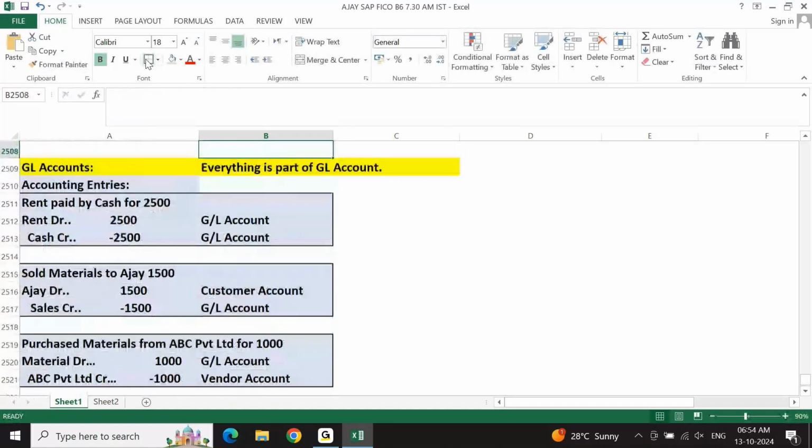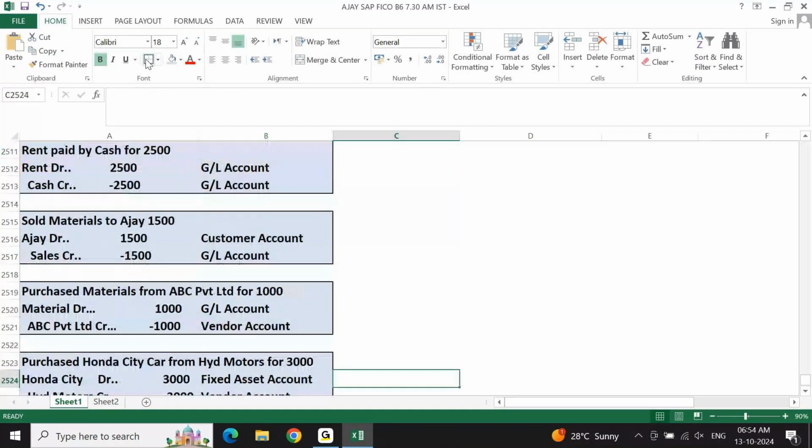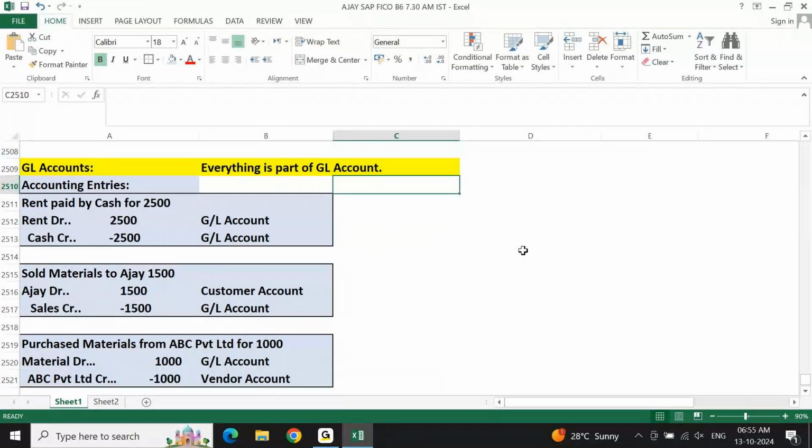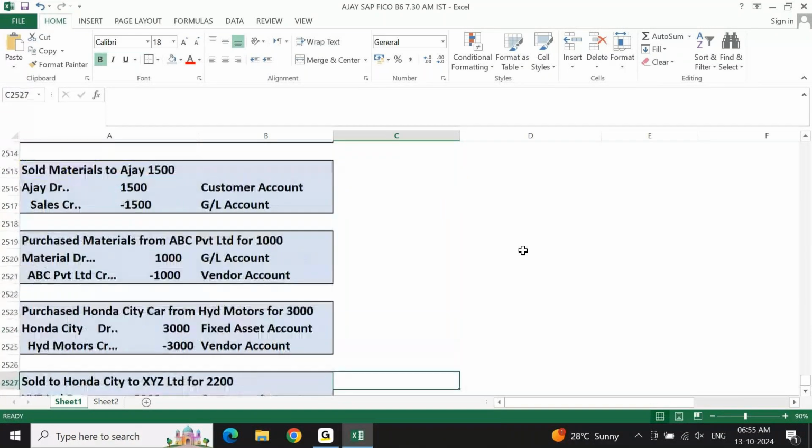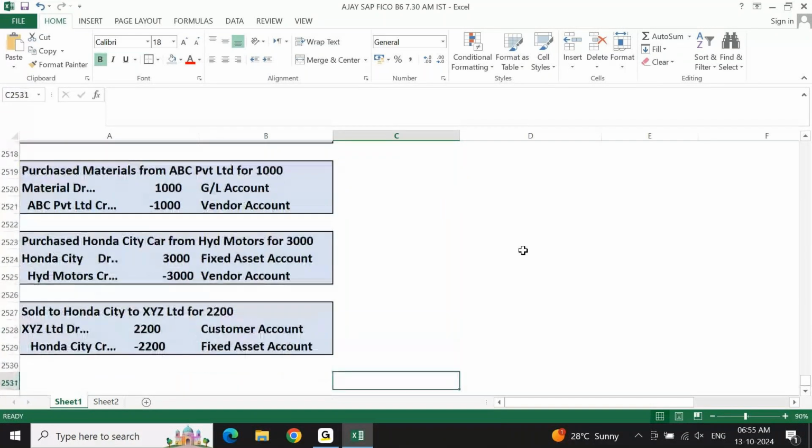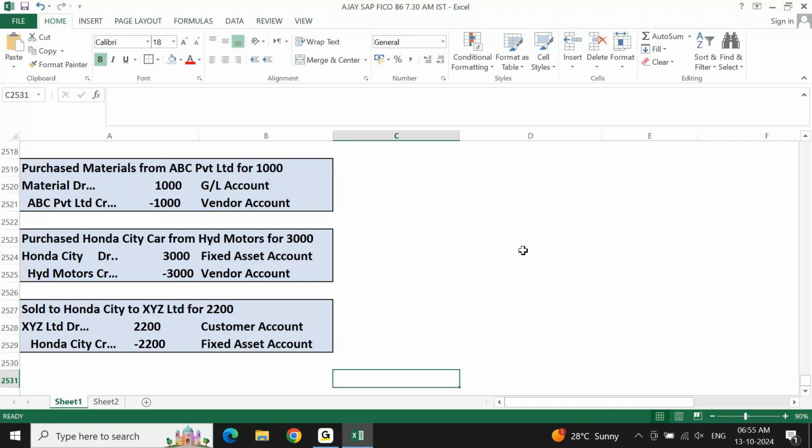Are these 5 accounting entries clear? Yes, sir. Now, whenever you post any accounting entry, this is how you are going to record. When you write a journal entry, when you book any accounting entry, this is what we are going to write as a debit and credit.